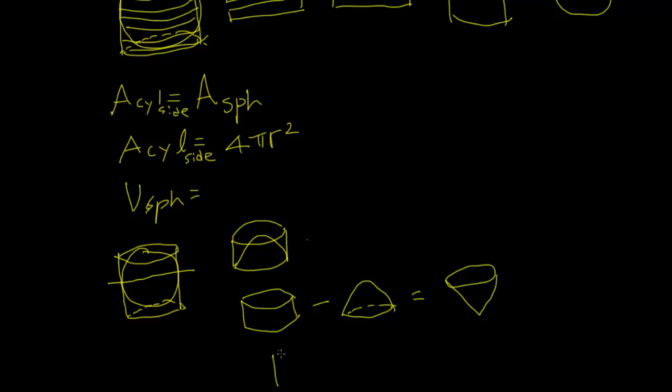This is the same as saying we are subtracting this half of a cylinder minus this upside down cone equal to the hemisphere of the sphere.